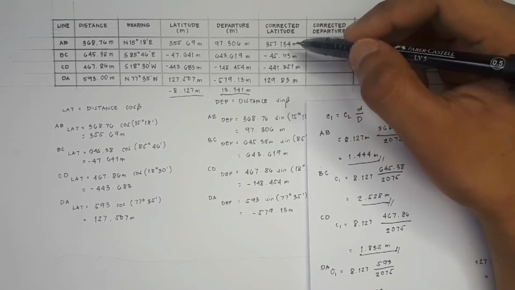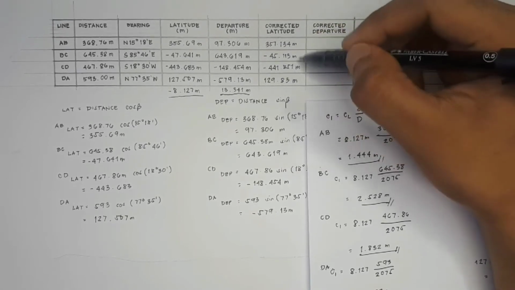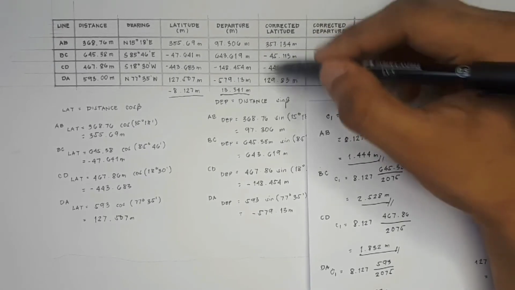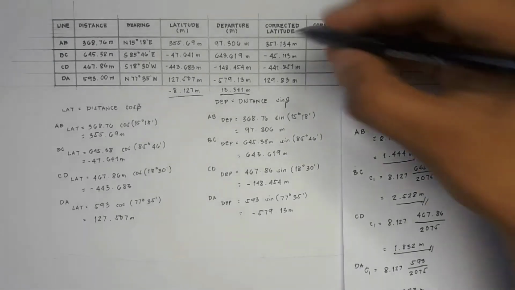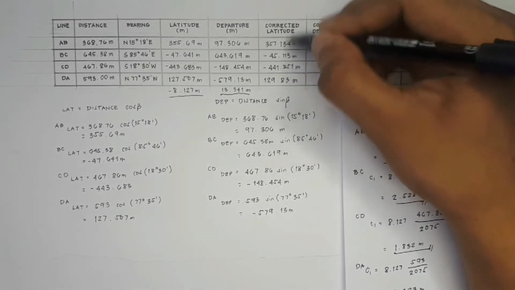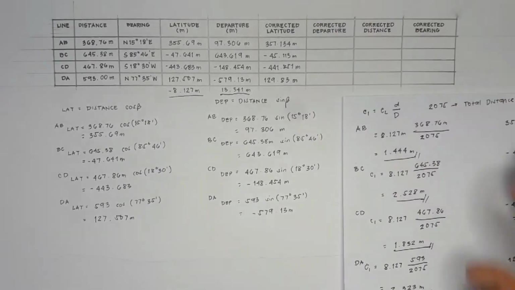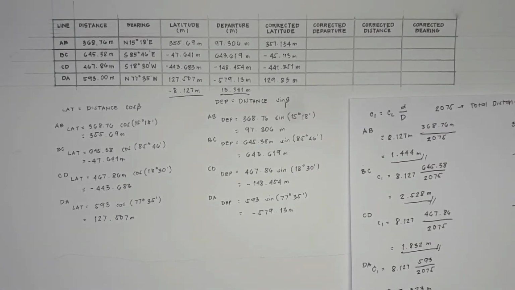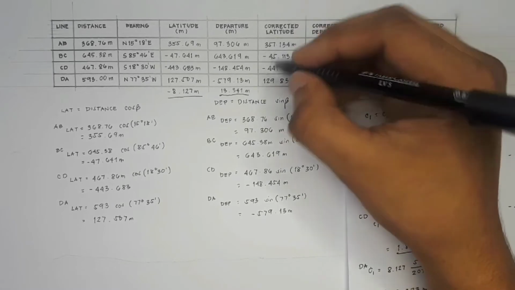Now, you can check if we have the correct answer for our corrected latitude. If you get 0 by adding all of these distances, it means that we have eliminated the error in our latitude.